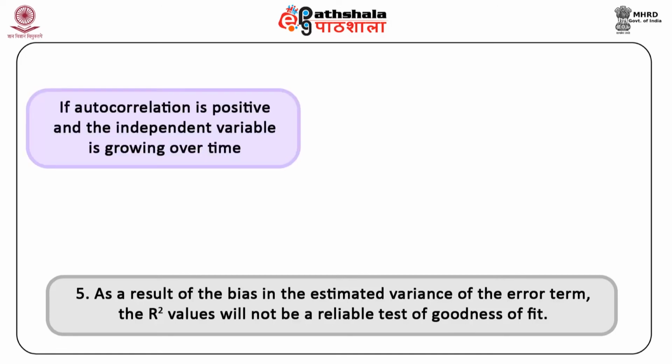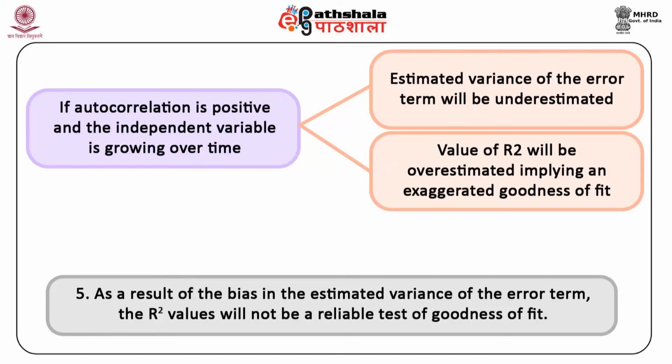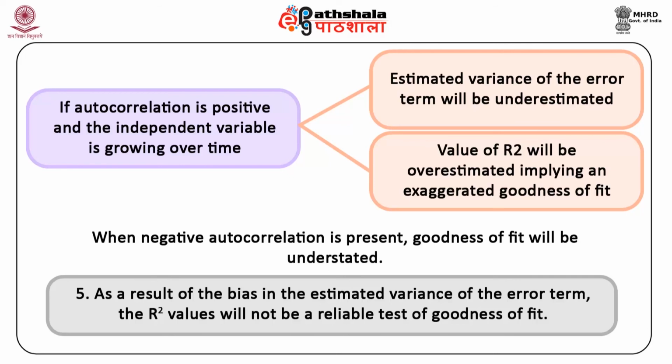If autocorrelation is positive and the independent variable is growing over time, then the estimated variance of the error term will be underestimated and the value of R square will be overestimated, implying an exaggerated goodness of fit. Similarly, when negative autocorrelation is present, goodness of fit will be underestimated.